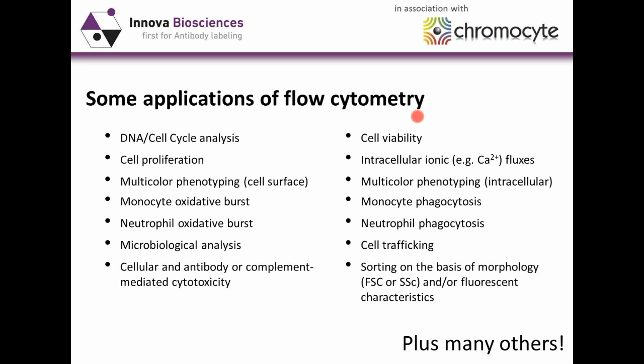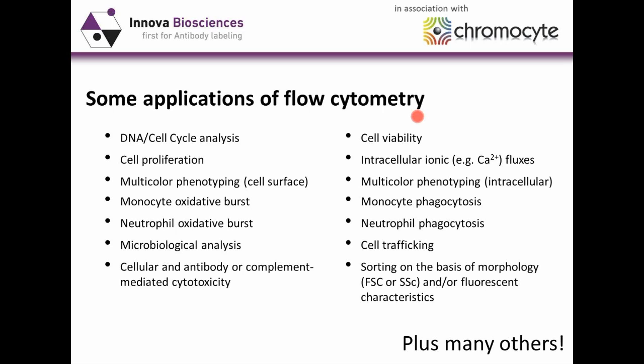So I thought it would be worth highlighting some applications of flow cytometry, but this really isn't the complete list. For example, flow cytometry can be used to analyze DNA in cell cycle analysis, cell proliferation, multicolor phenotyping, as well as characterizing how a cell looks, so to speak. You can do a lot of functional assays using flow cytometry.